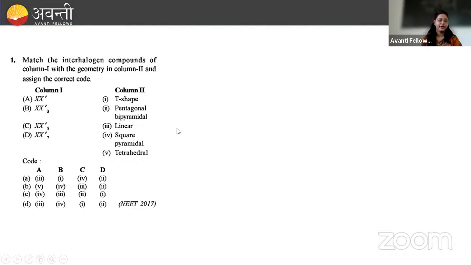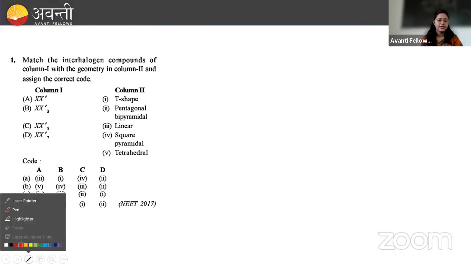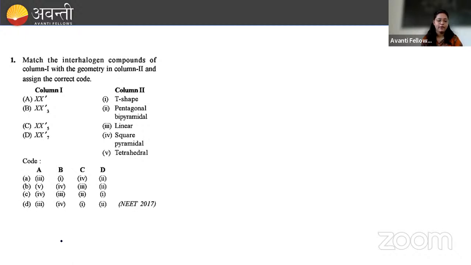Option A. Why is it so? X3, as we see, is of which shape? Linear. Since there are only two atoms present, here X represents one atom and X dash represents a different atom as compared to X. So when two atoms are there, the shape will be linear. That's why for A, it is linear.